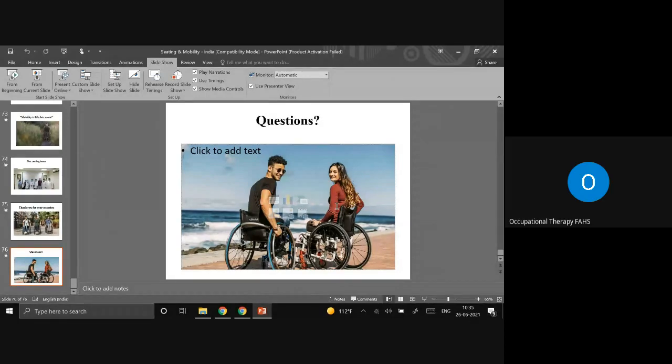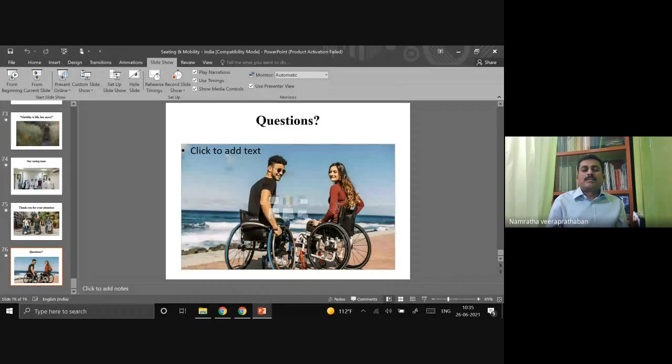Okay, the last question I'll be reading out is, what are the categories or components we should keep in mind when doing home evaluation for wheelchair? Okay, the most important thing is the accessibility. For example, if I recommend a piece of equipment, how are they going to take it in and out of their home?